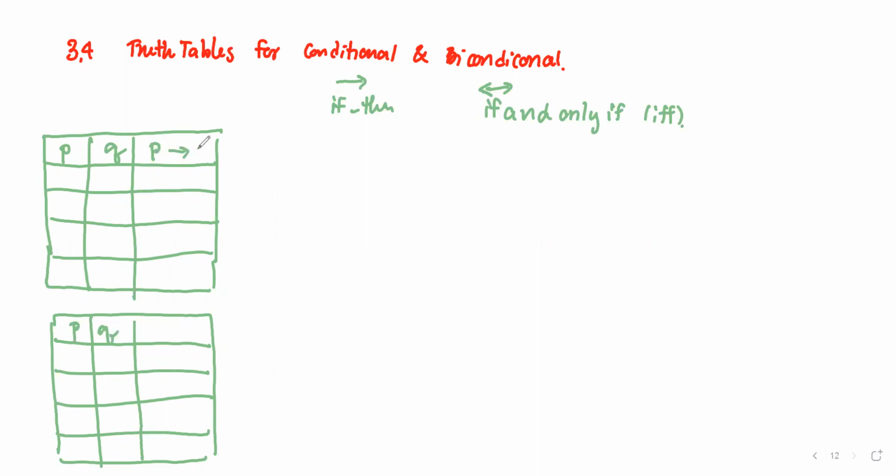This is P, then Q. This P and if and only if Q. So this one, if then. This is if and only if. How about I write this way? It's called if P, then Q. And this gonna be P, if and only if Q.